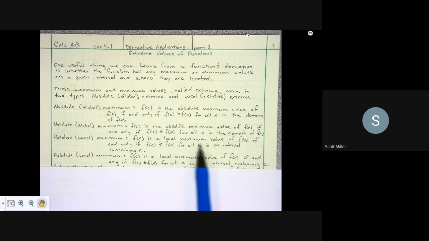So in this case, let's just look at the maximum here. This y value is a local maximum value of f if and only if it is the largest value of all x's in some interval around the point c. So this basically boils down to this.